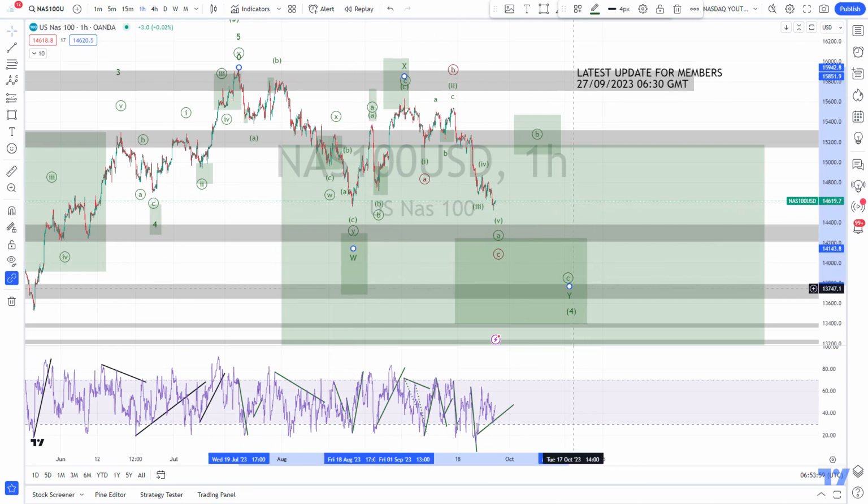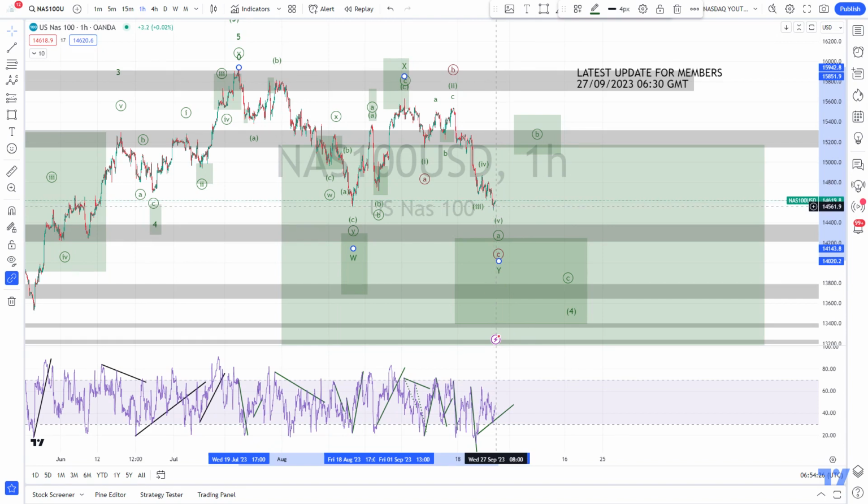So in case of a shorter wave Y, this could actually be counted as an A, B, C, so that we have our A, B, C here instead of here. So that's a possibility, but then it will depend on the upside we see here.